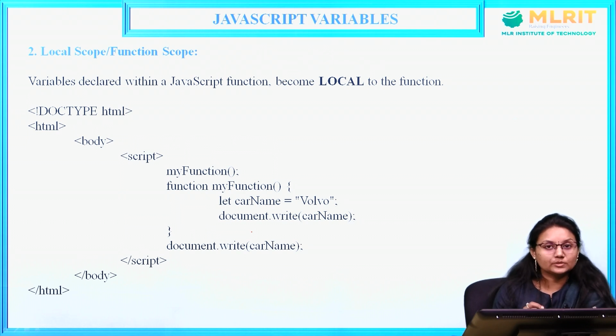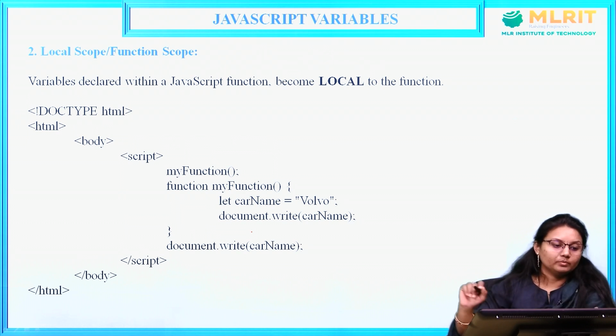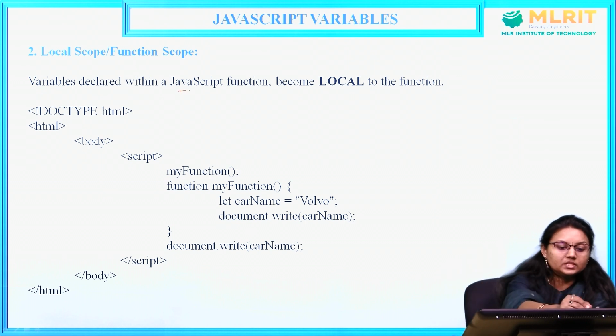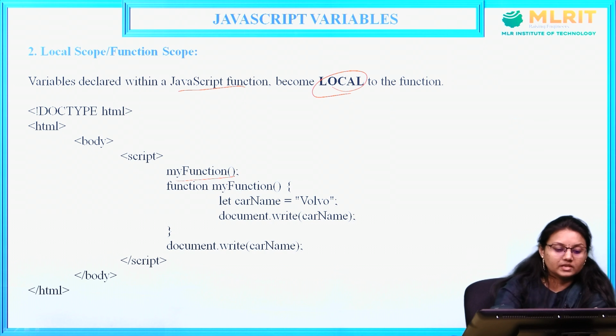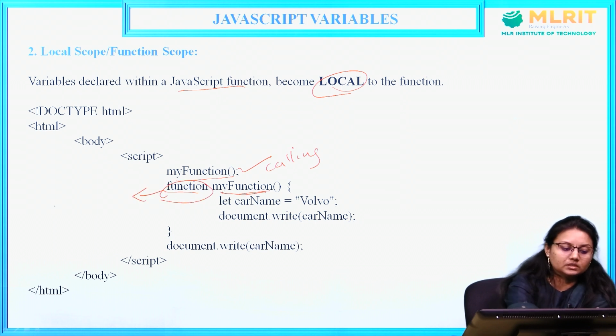Next, local scope or function scope. Local scope means within the function. Whenever a variable is declared within a JavaScript function, it becomes local. So my function is there, and you are calling the function. When your function is declared, you need to define it with the keyword function, and this is the name of the function.